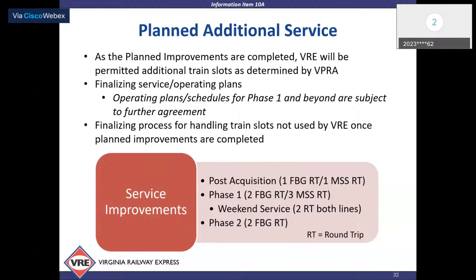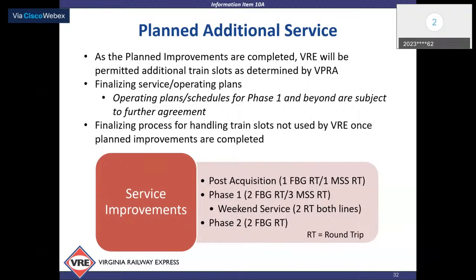But I do want to point out that, of course, VRE will be permitted to operate these additional train slots. But one thing that we are working with our respective teams on is this. Obviously, we all have a goal here of constructing these planned improvements and operating additional trains.